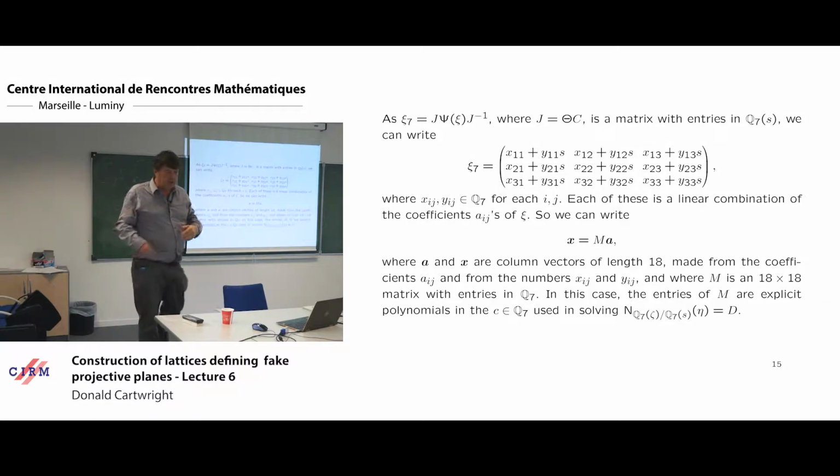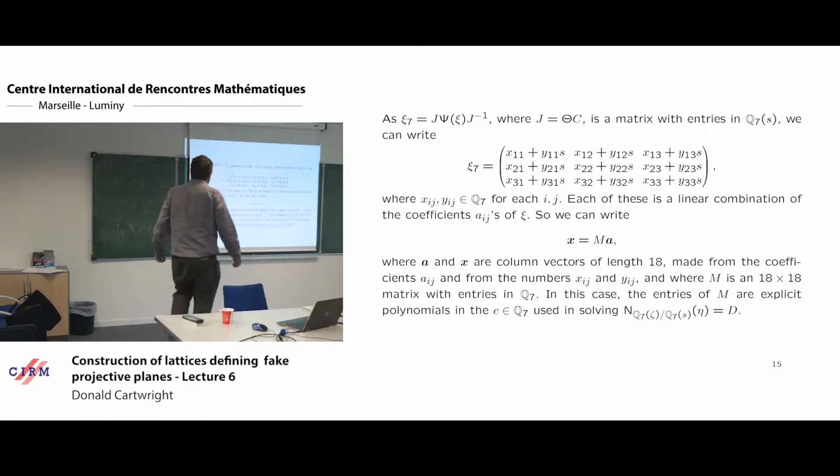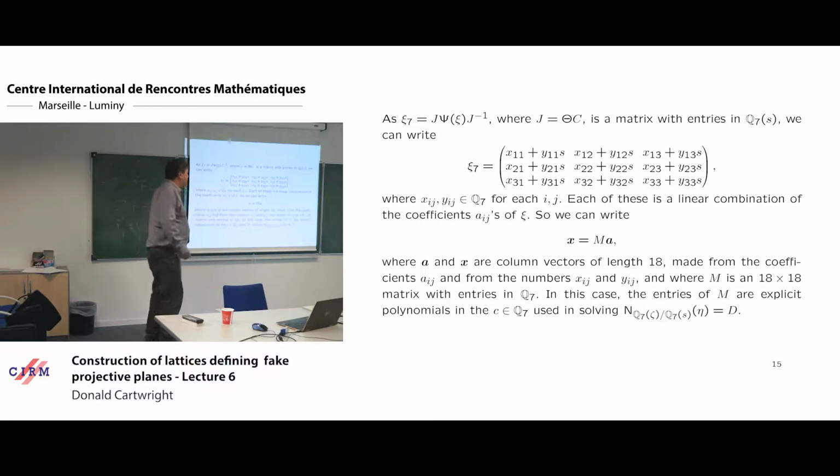And you can do a little bit of computer algebra, or probably by hand, and you can work out that these xijs and yijs are all linear combinations of the coefficients that came from psi, the 18 coefficients that you have with psi. So you get x is ma, where a and x are column vectors of length 18. The a is the vector of a's, and the x is the vector of x's and y's.